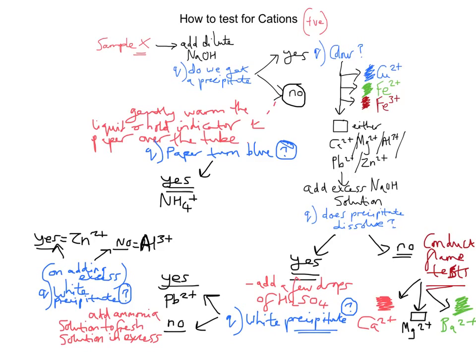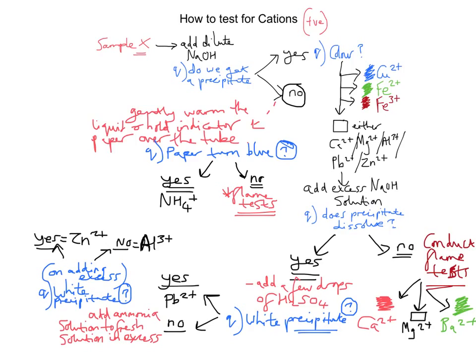If the answer, however, is no, if that indicator didn't turn blue, then we need to do a flame test. So once again, we're using a flame test, but this time we're going to be able to identify two other things.